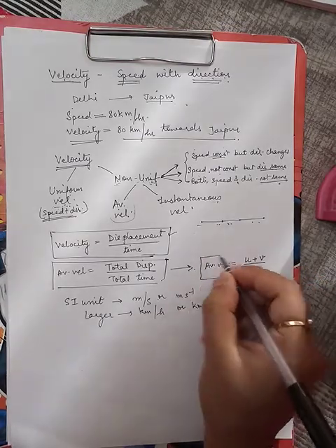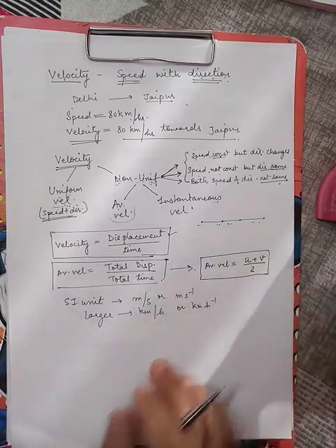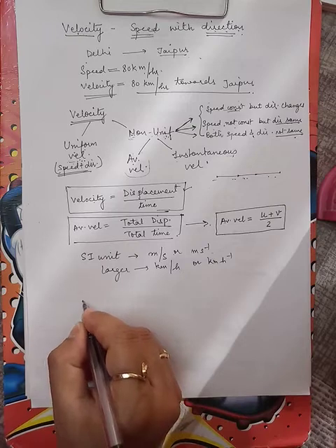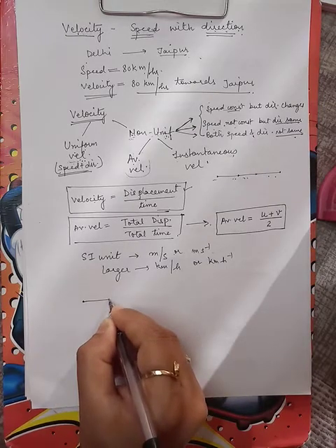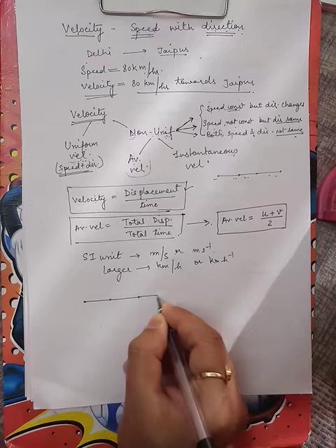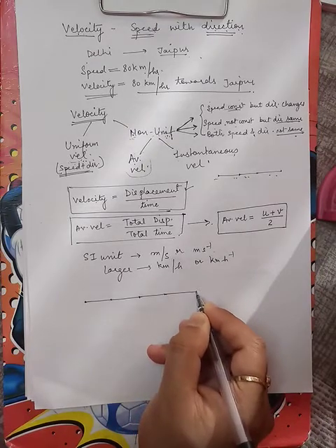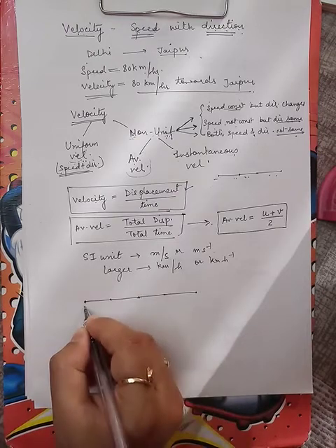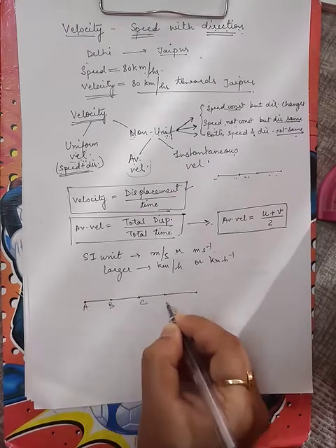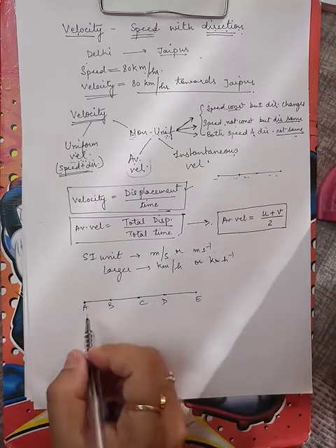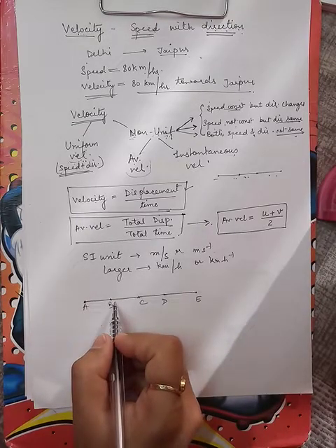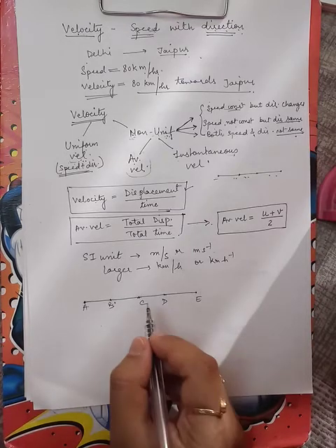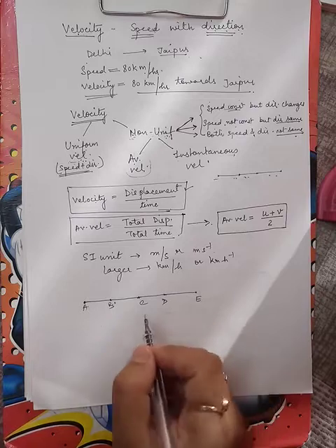Let's understand this more deeply, as the concept is new. We are taking another example, a similar example. If we are having this part of distances A to B, B to C, C to D and D to E, right?